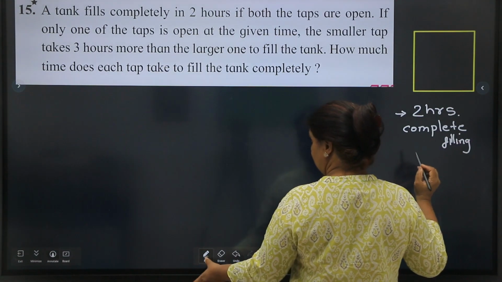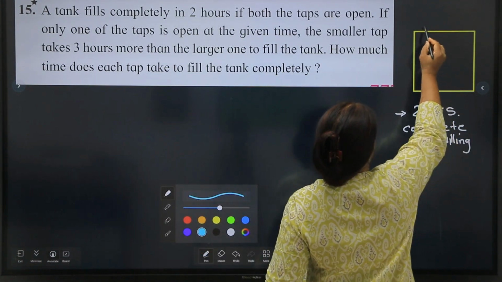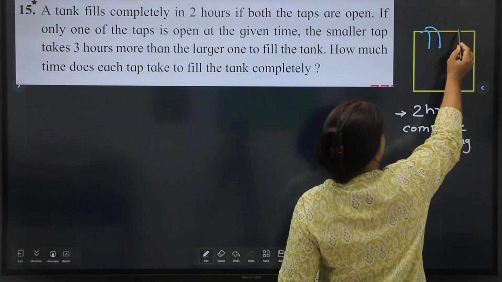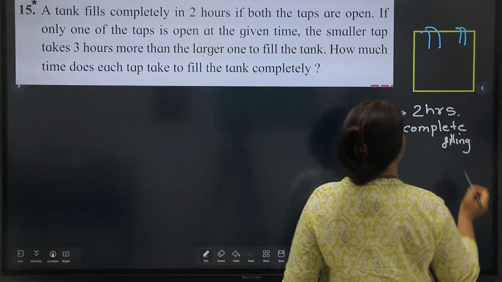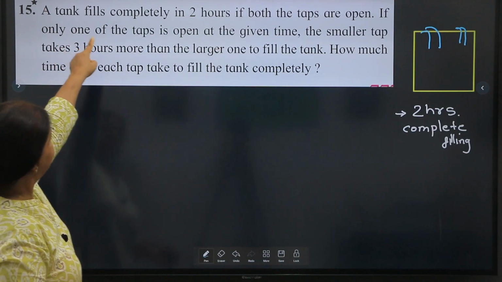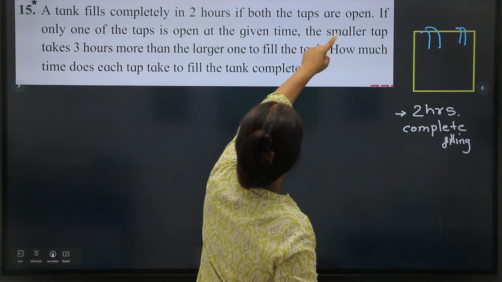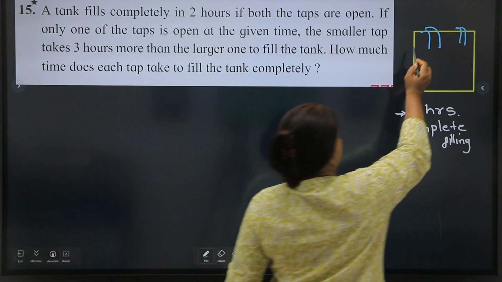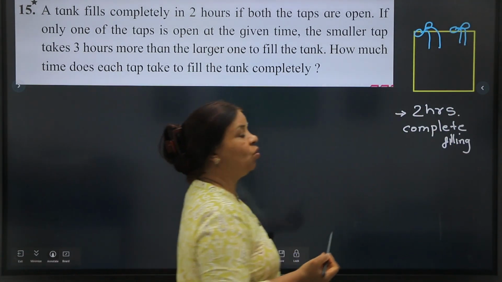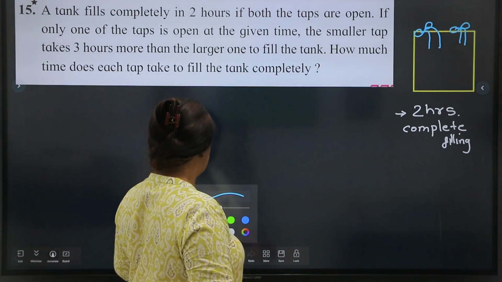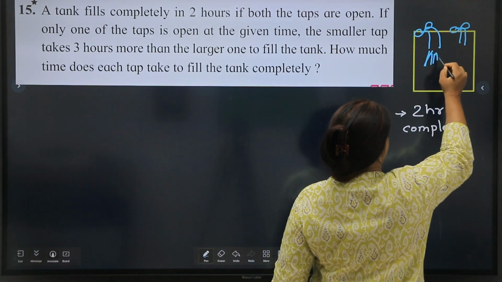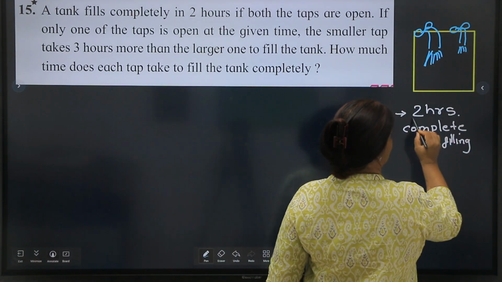And how many taps are there? There are 2 taps. There is one bigger tap and one smaller tap. Okay. So a tank fills completely in 2 hours if both the taps are open. Means if these 2 taps are open at a time, then this tank will get filled completely in 2 hours.